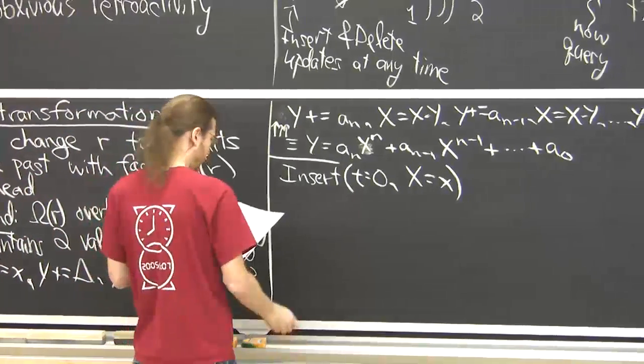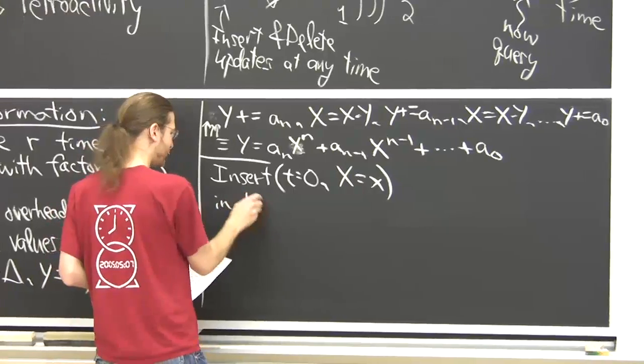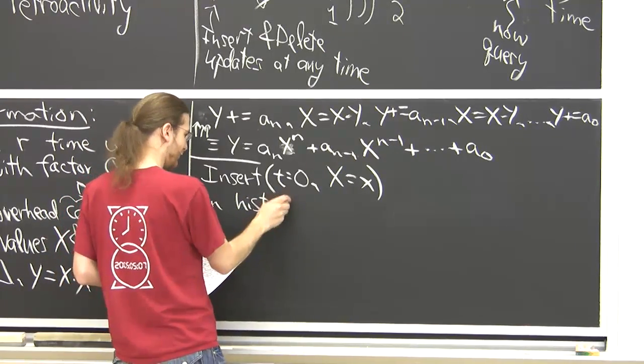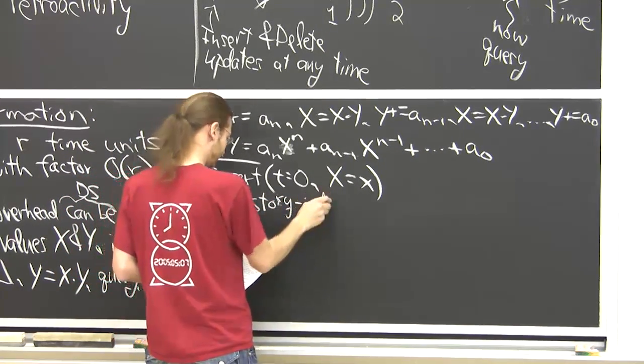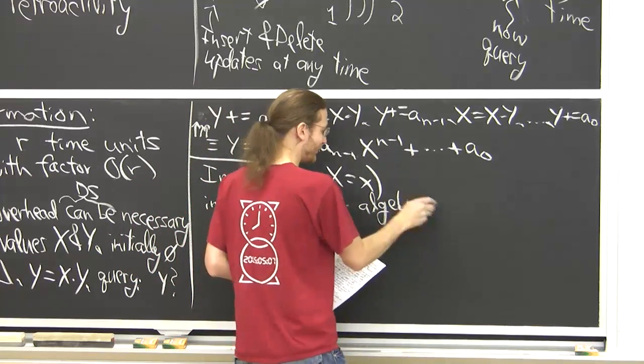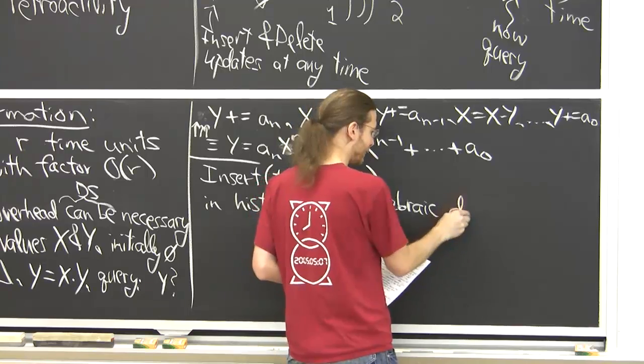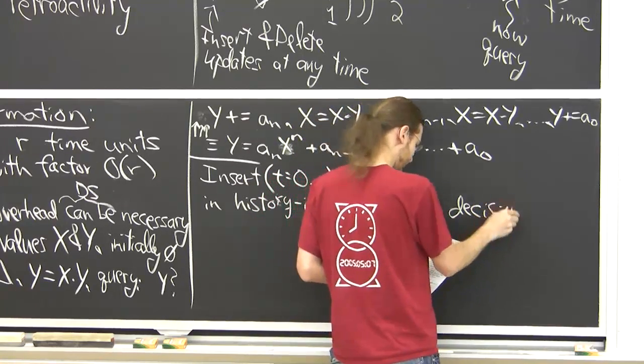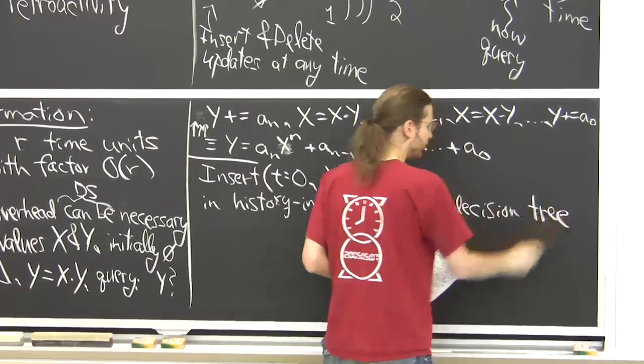In a history-independent algebraic decision tree model, which I don't want to define precisely, but maybe computation tree would be better.